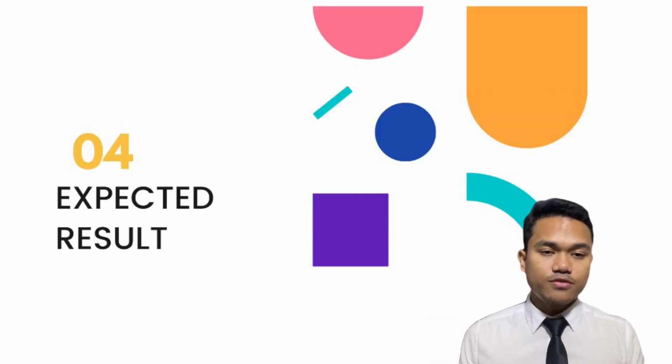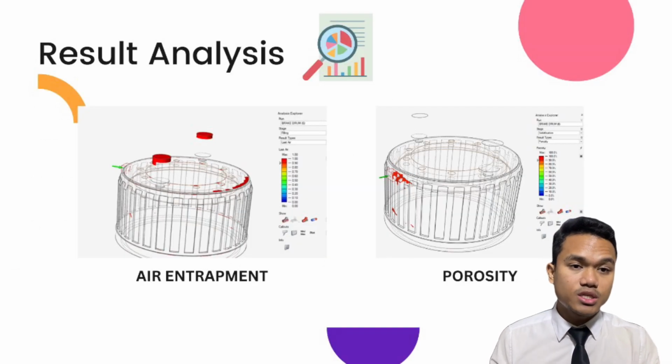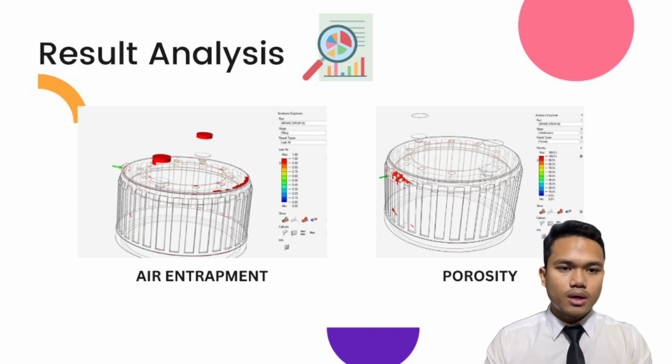And lastly, for the expected result, I should be able to calculate and design the gating system properly in order to achieve my objective, which is to propose an optimum casting yield. And this is the simulation that I am able to run to see the casting defects.